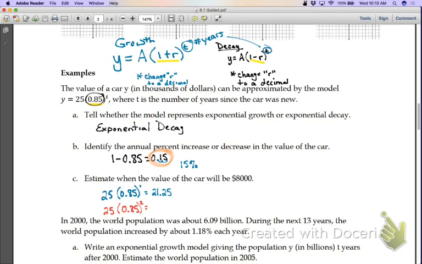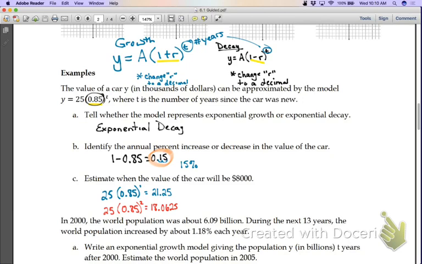My car is worth about $18,000, 18,600 or $62.50, something like that. If I would actually move it out, because it's talking about it in thousands.